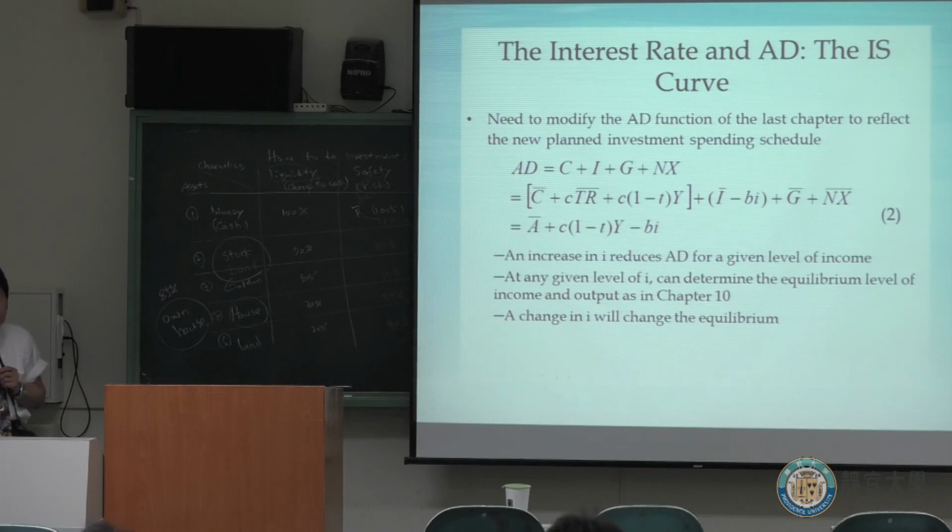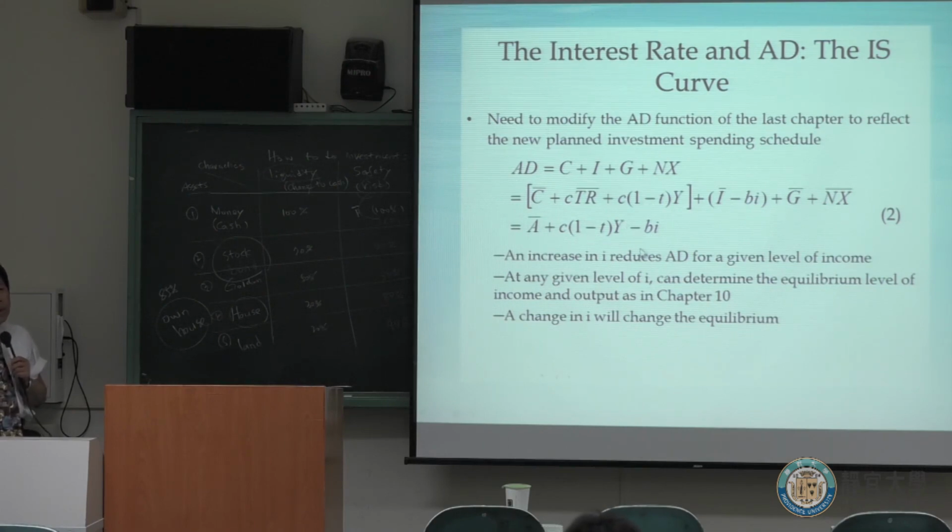It has some relationship. But actually, remember this is the AD function. The AD we write down is AEP, the planned aggregate expenditure, equal to C plus I plus G plus X minus M. So we can rearrange it again and get this result.